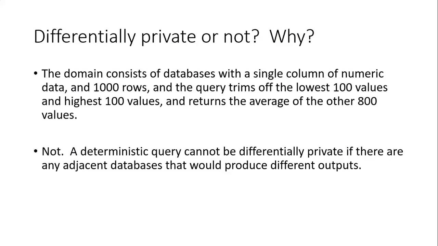So here, if I had, exactly like you said, database 1 that had 1,000 rows and database 2 that had 1,000 rows, and one of those middle 800 values was different, well, the output of this one is deterministic. So with 100% probability, it's going to be whatever its value is. And the output of this one is going to be with 100% probability, a completely different value. So when you divide probability of 1 by probability of 0, you can't do it.